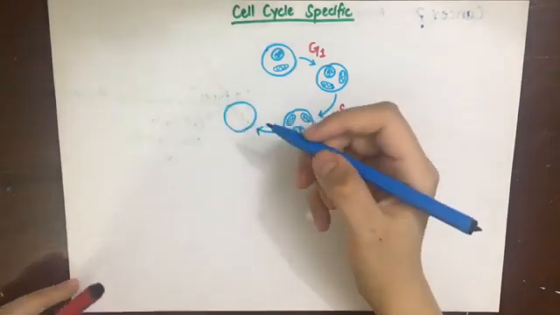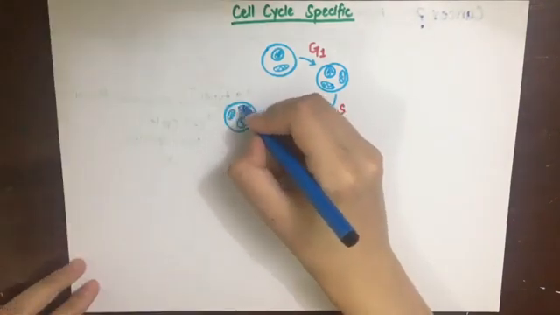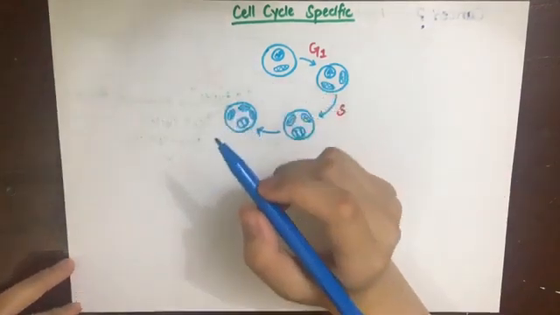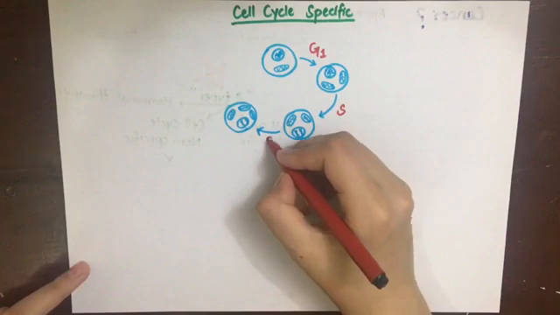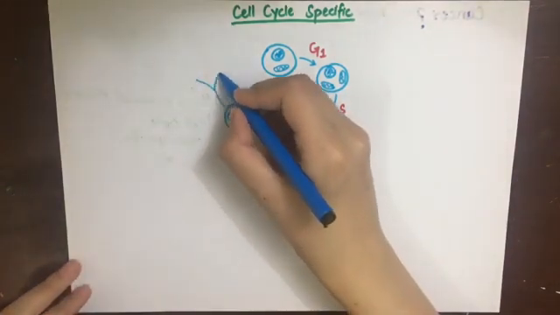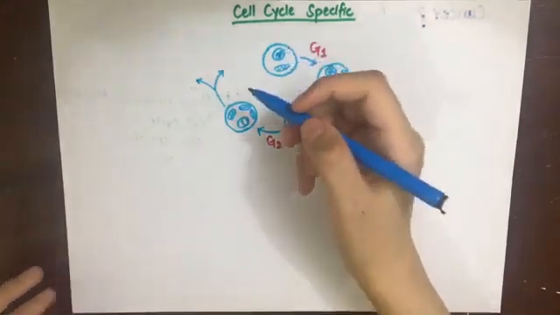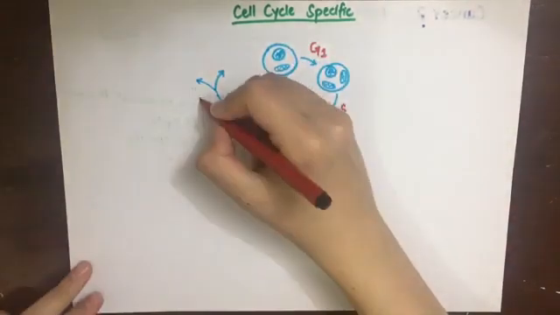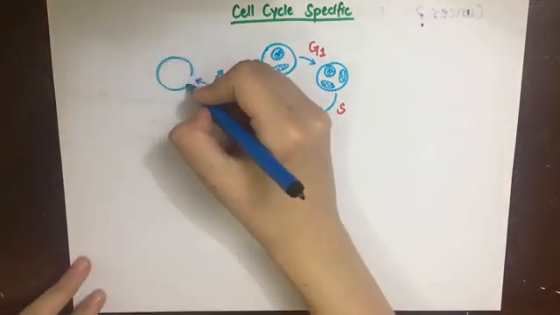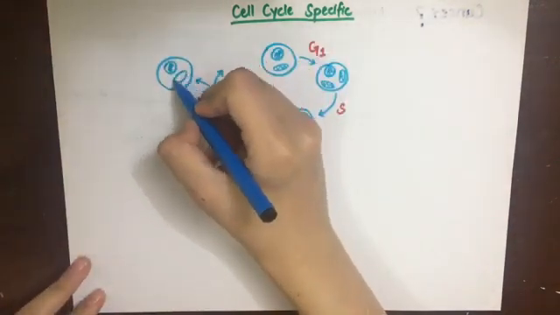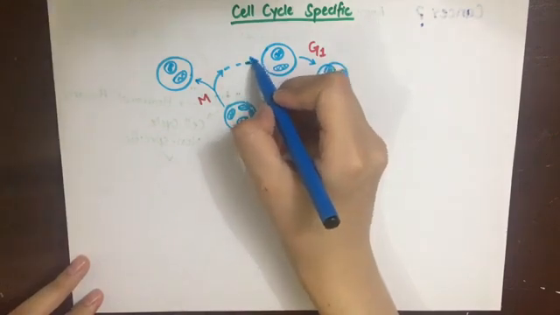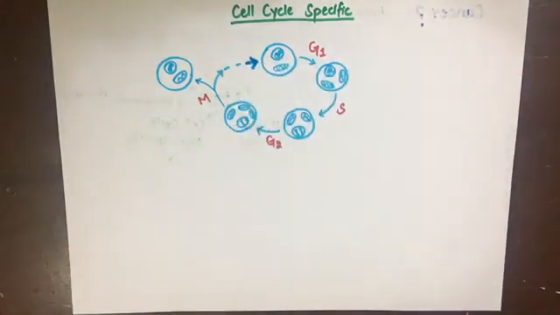After the synthetic phase, there is the G2 phase or the pre-mitotic phase, where there is synthesis of cellular components for mitosis. After the G2 phase, we have the mitotic phase, the M phase, in which the mitotic cell division will take place. After the M phase, the cell will stop dividing and go into G0 phase temporarily or permanently.